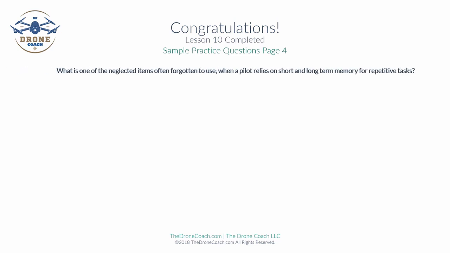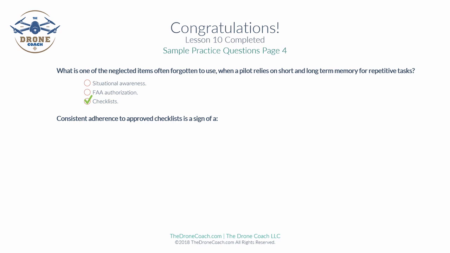What is one of the neglected items often forgotten to use when a pilot relies on short and long-term memory for repetitive tasks? And remember, manned pilots love these. And the answer is checklists.